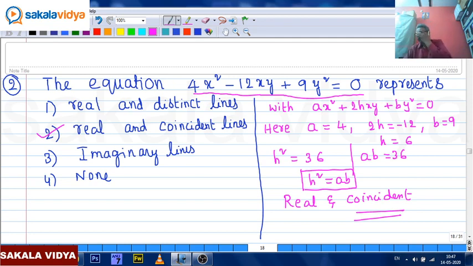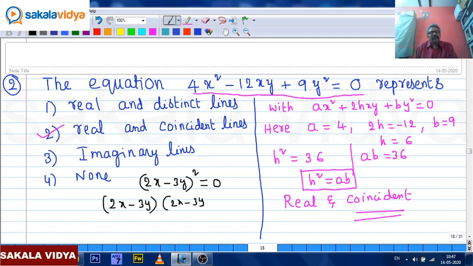Otherwise, by observation also we can say. By observation means, this can be put in the form 2x minus 3y whole square is equal to 0. 2x minus 3y into 2x minus 3y equals 0. These two lines are coincident lines.